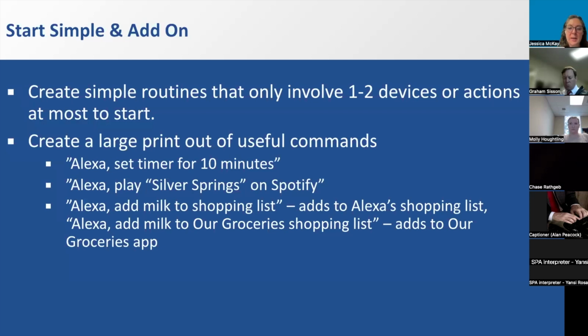Now, there are a lot of commands, and Alexa is not a mind reader, but I find that she works best when you say things to her in a particular way, right? There is the language of it all. Of course, we have to say her name first, and then we have to tell her particular things. Sometimes we forget that we have to say things in a particular order, or we forget the exact wording.